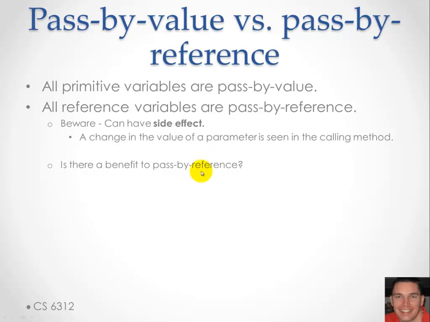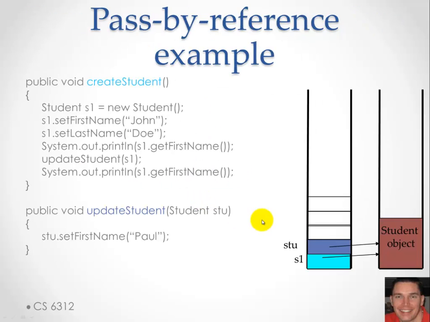So is there a benefit to pass by reference? The reason that we do that is that when we make an object, these objects usually are fairly large and they take up a significant amount of memory. So if I ended up not passing them by reference, but actually placing those objects on the stack, my stack memory is going to get filled up very quickly if I'm passing a lot of objects in between my various methods.